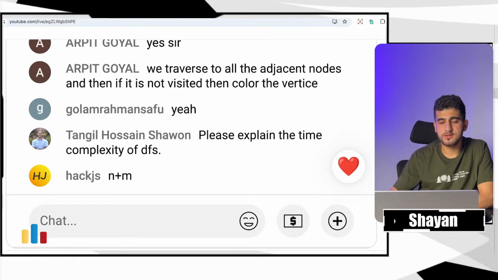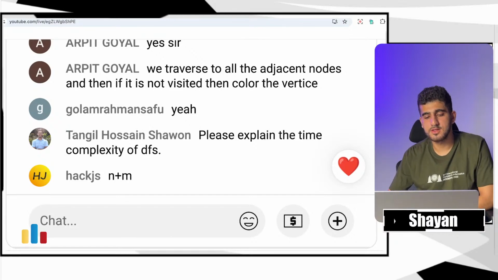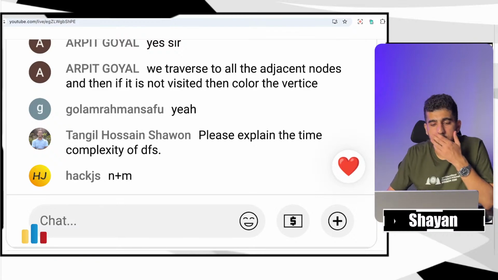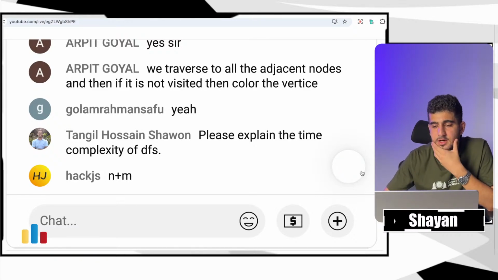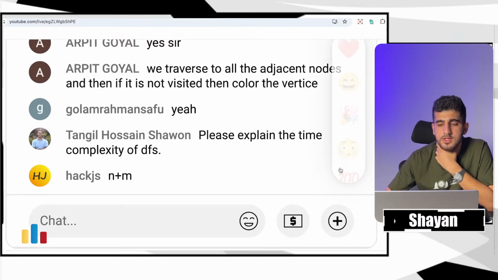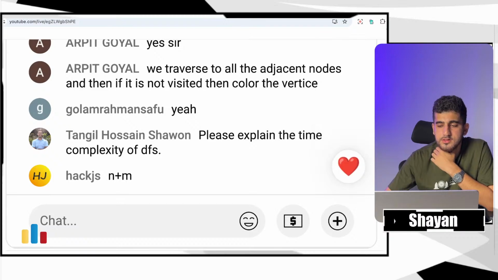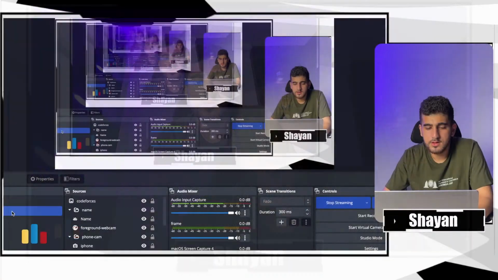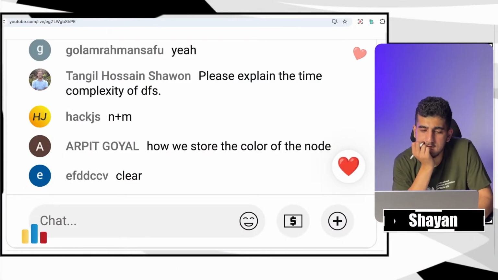That is correct. It is n plus m, but we're gonna discuss it in detail. If it is clear, please again use this emoji or say that in the chats. Otherwise, if you have any questions, let me know. Clear?